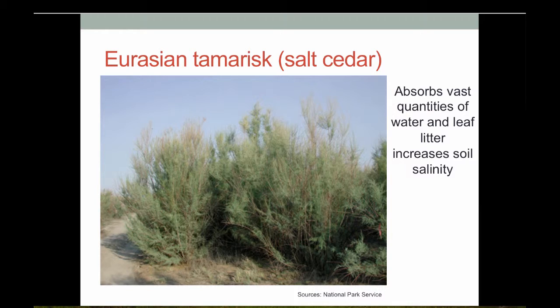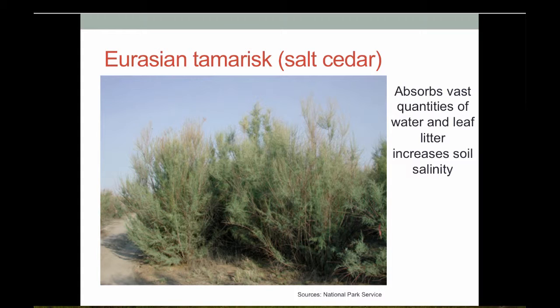And then finally, we mentioned this on our walk through the Olentangy River Wetland Park, where we were looking at the bottomland forest along the Olentangy River during this section, and mentioned that there's another species that's invasive, which is the Eurasian tamarisk, also known as salt cedar, that's having a really dramatic impact on riparian areas in the southwestern United States.